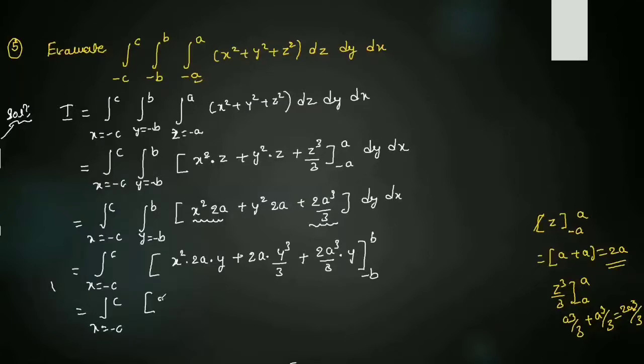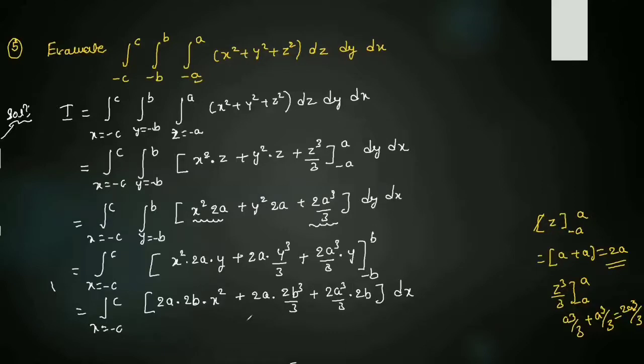So let me write 2a into 2b into x square plus here 2a into 2b cube by 3 plus here it is 2a cube by 3 into 2b, dx. I'll repeat. In place of y, if you substitute b and minus b, it is 2b. If you substitute in place of y cube by 3, b and minus b, it is 2b cube by 3. And again, in place of y, if you substitute b and minus b, it is 2b.